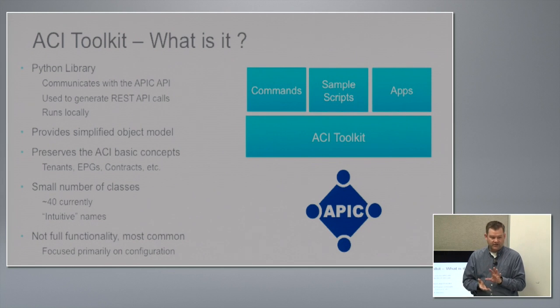This is not generated; this is hand-coded. It preserves a lot of the basic concepts, meaning you still have EPGs and contracts, but we wrap it in a way that you're not dealing with thousands of objects. You only need to deal with a handful.